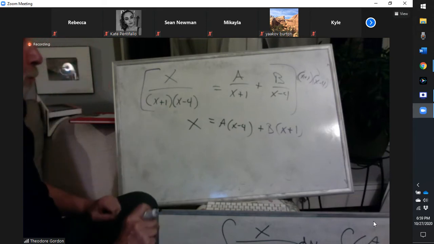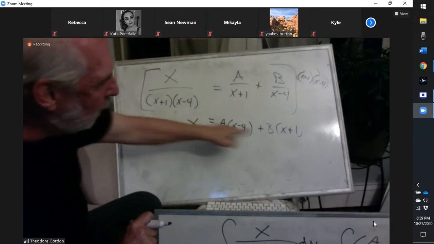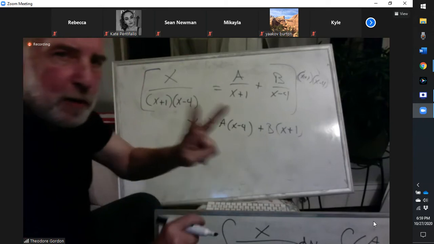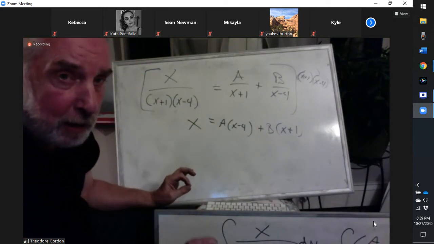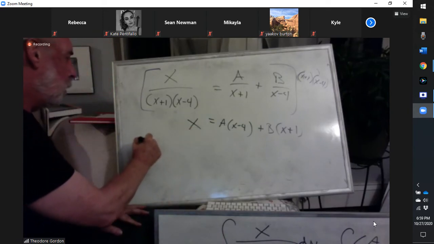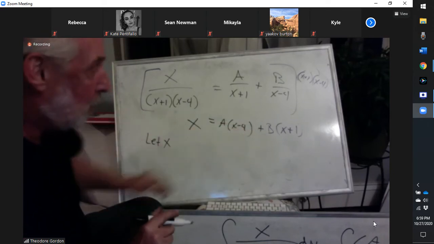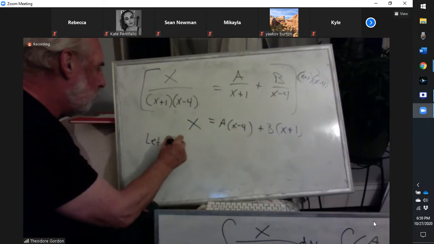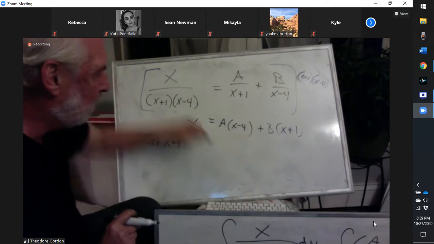Okay, now, forget this part. We're done with that. We have one equation, and we have two unknowns. So I'm going to do the shortcut method on this one. The shortcut method is we can pick anything we want for x. So I'm going to let x equal 4, and replace all the x's by 4.